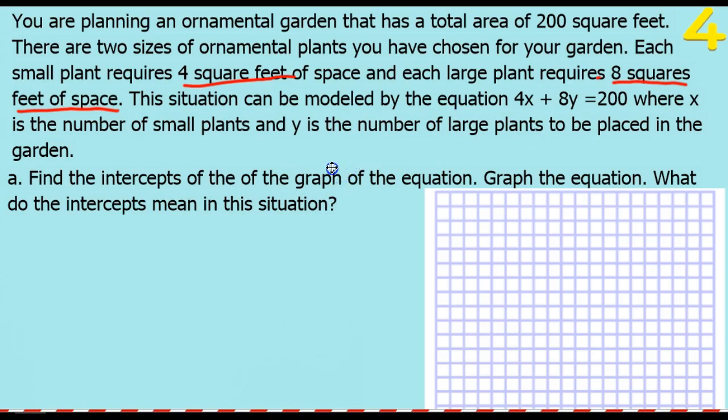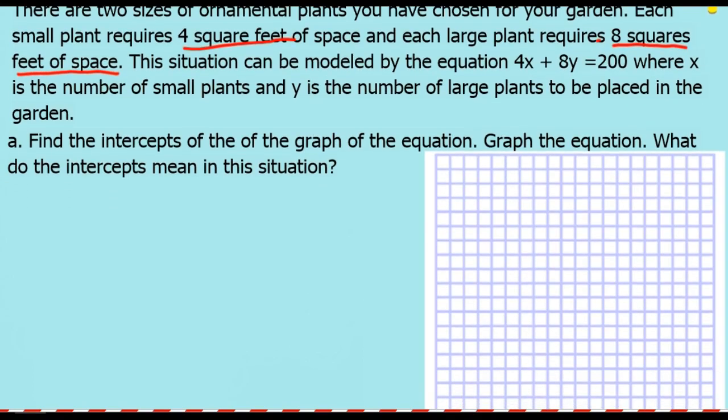Well, we first need to find our x-intercept then. So we know we have something x and 0. It says that x is the number of small plants. So I'm putting in 0 for our y, and we're looking for x.